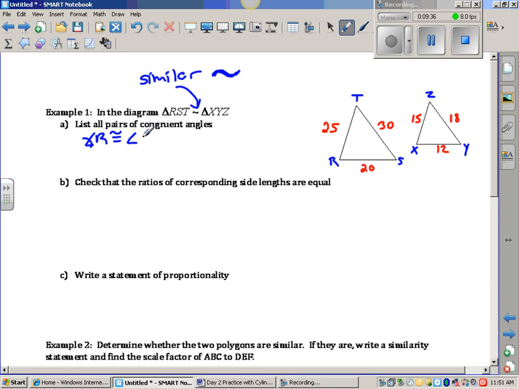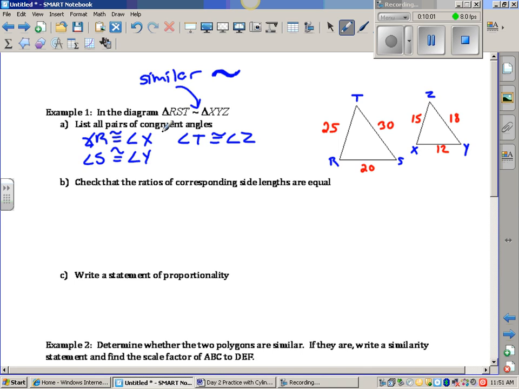Bottom left would be angle X. Angle S would be congruent to angle Y. And last but not least, we have angle T congruent to angle Z. Very important to remember, the angles are not similar. The angles are congruent. They have to be the exact same thing. The corresponding angles are the same.